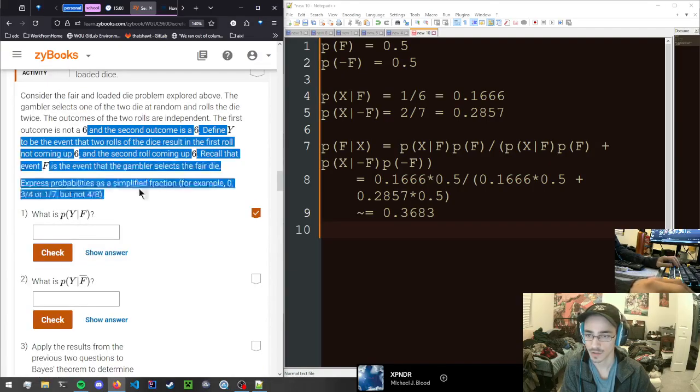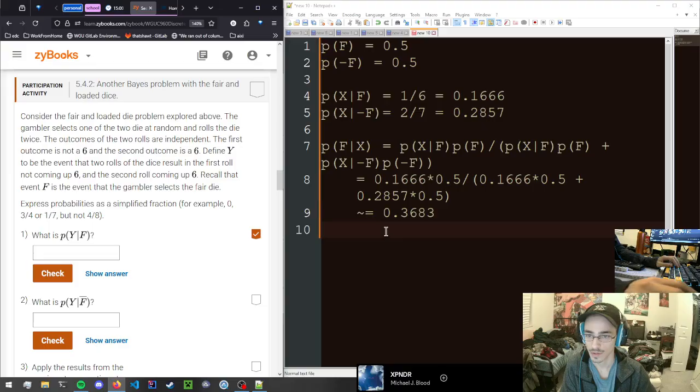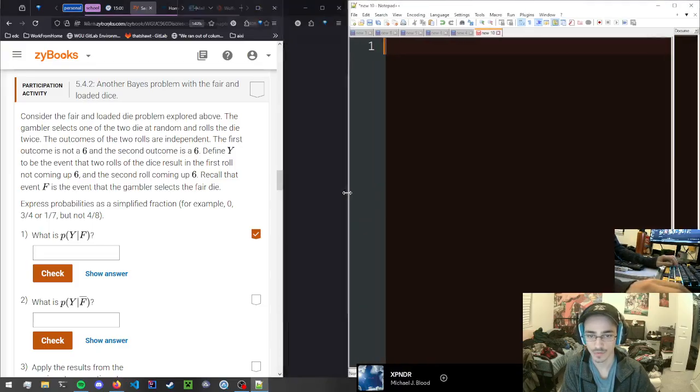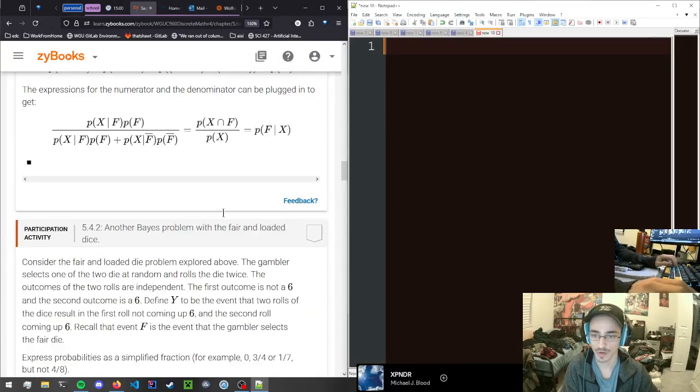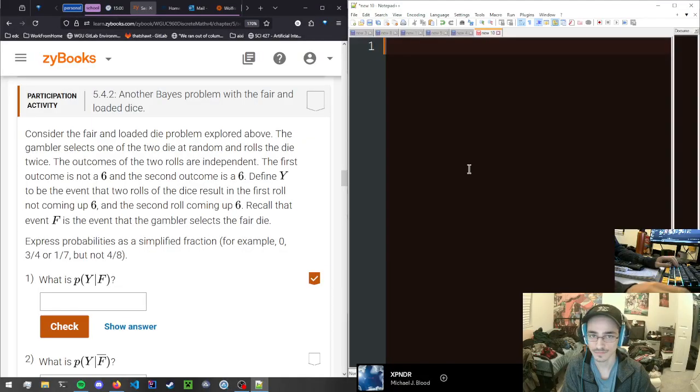Okay. So here's what I'm gonna do. We're gonna do this problem. So consider the fair and loaded die. The gambler selects one of the two dice at random.